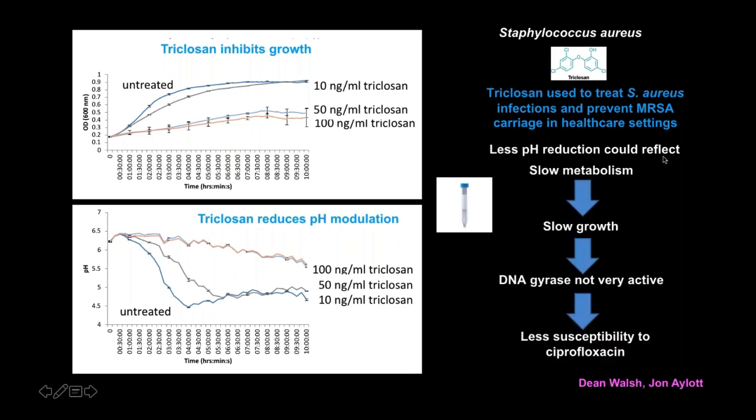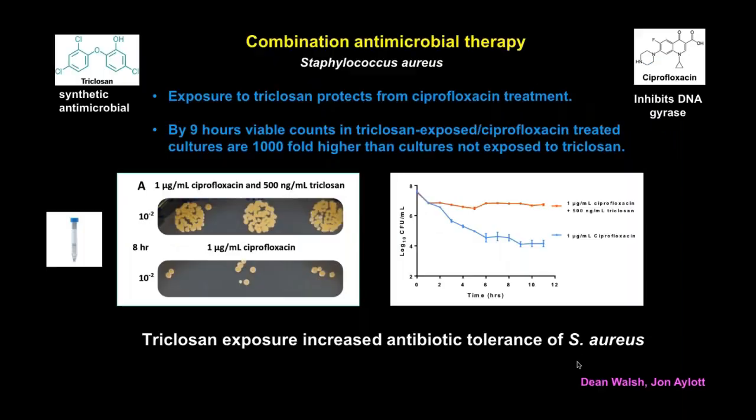So then we came up with the theory that perhaps this lower change in pH could reflect a slower metabolism of the cell. And when you've got slower growth, you would have less activity of the target of the antimicrobial, the ciprofloxacin. And that means that the cells would be less susceptible to the ciprofloxacin.